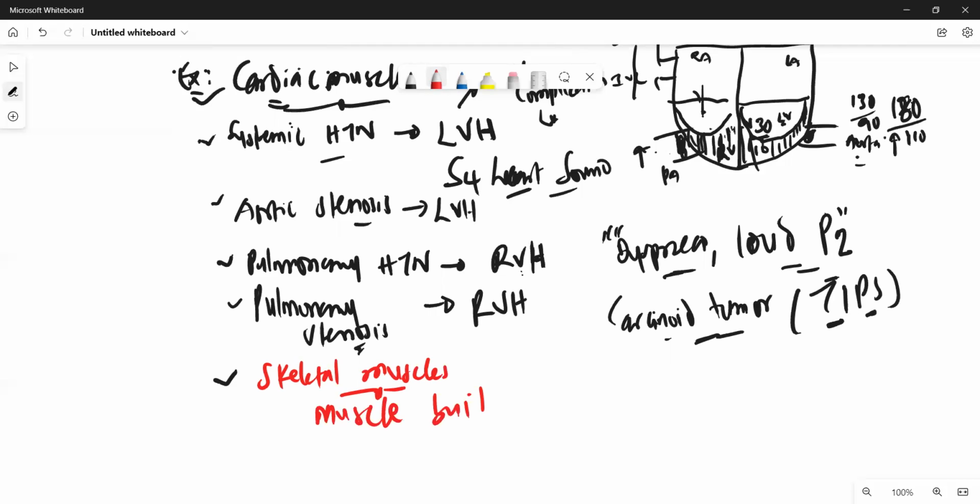If somebody is going to the gym every day, putting a lot of weight on their muscle, those weights could cause gene activation, and that can lead to skeletal muscle hypertrophy. Somebody that is working on their biceps keeps putting pressure on the bicep every day, and that can lead to bicep hypertrophy.